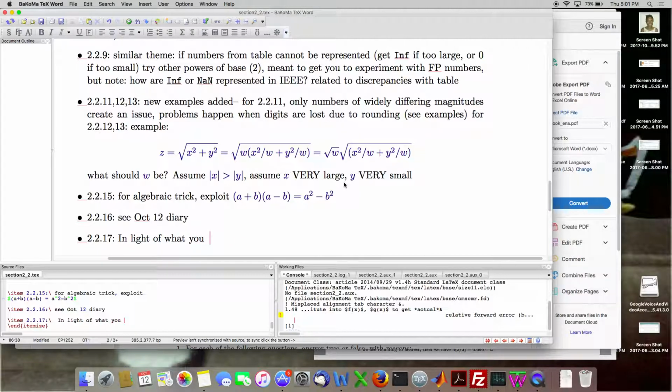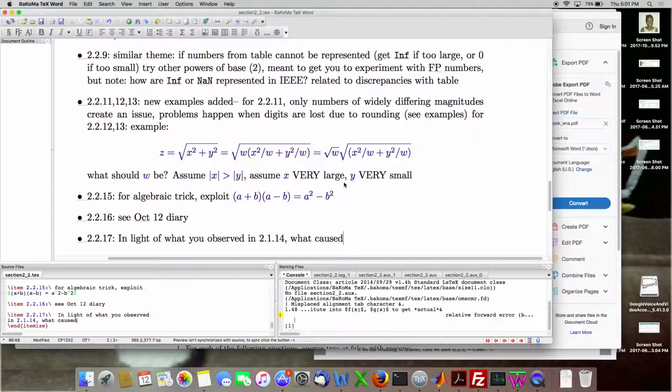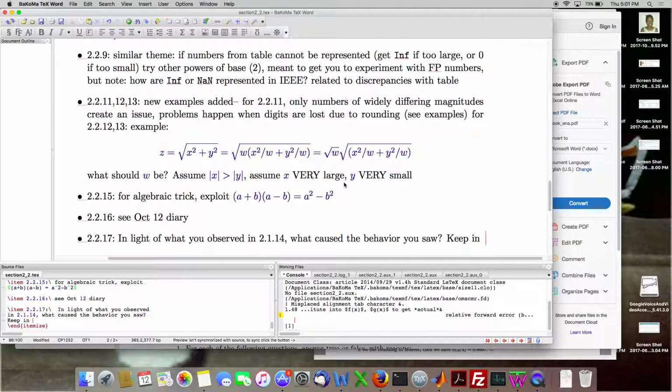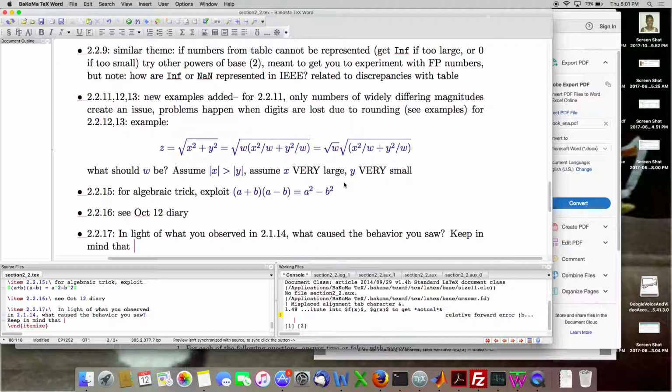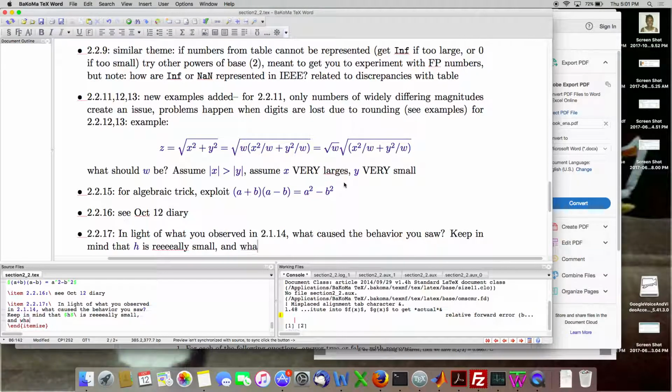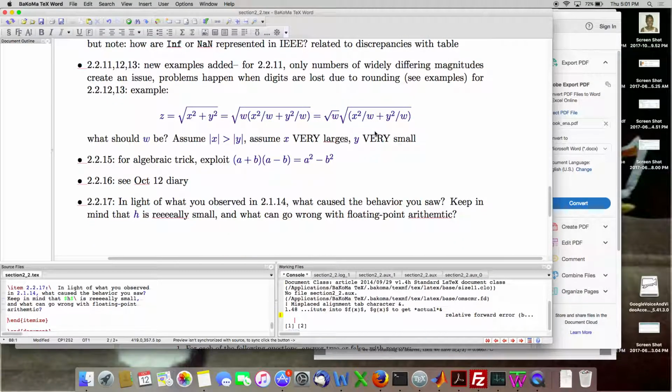So in light of what we observed in that problem, and for that, you must keep in mind that h is really small. And what can go wrong with floating point arithmetic? Various issues have been highlighted in this section. Which one applies, given that h is very small?